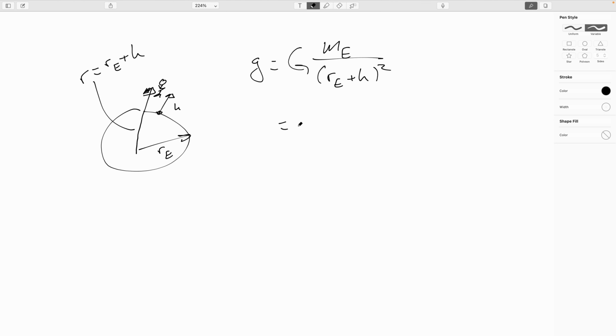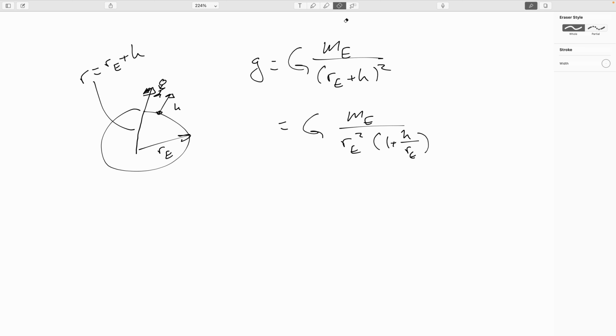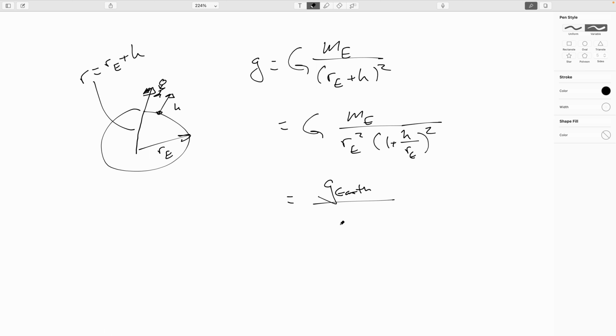This is G times the mass of the Earth over the radius of the Earth squared, times 1 plus h over the radius of the Earth, quantity squared, all in the denominator. Now this bit right here is g on the surface of the Earth. And this will be 1 plus h over the radius of the Earth squared.